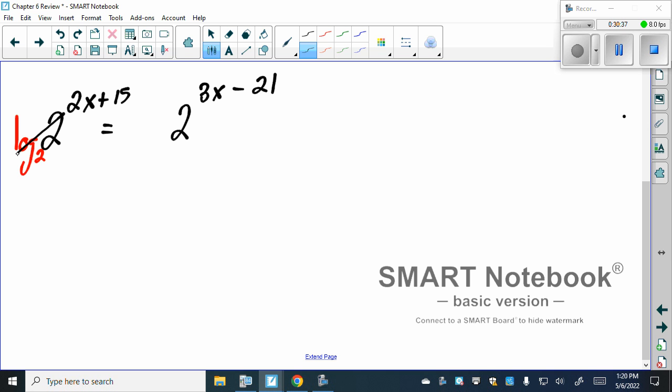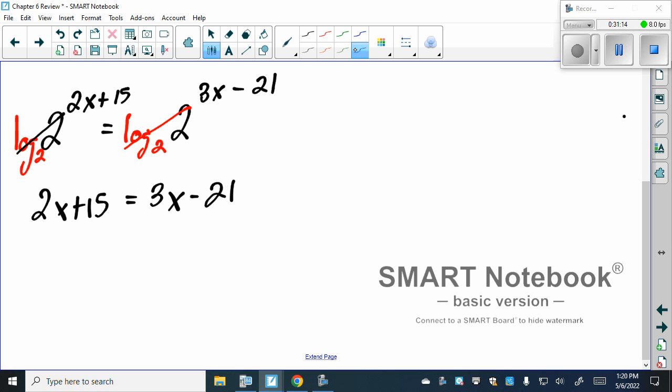Well, what I do to one side, I have to do to the other side. Since the bases are the same, the exponents have to be the same, and this is why. Because I could apply log base 2 to both sides, which would make the bases go away, leaving us with the fact that the exponents have to be equal. That's why this works. Now we just need to solve for x.